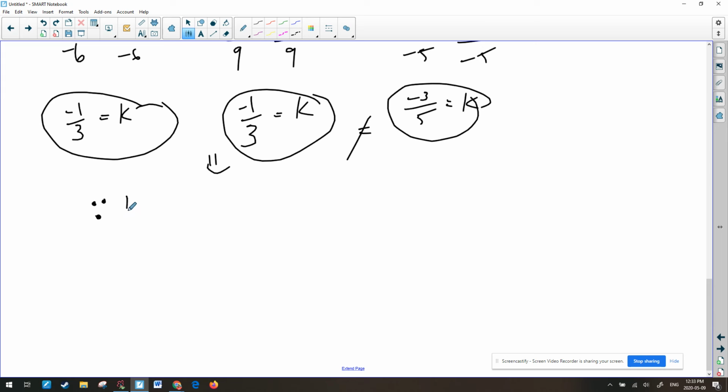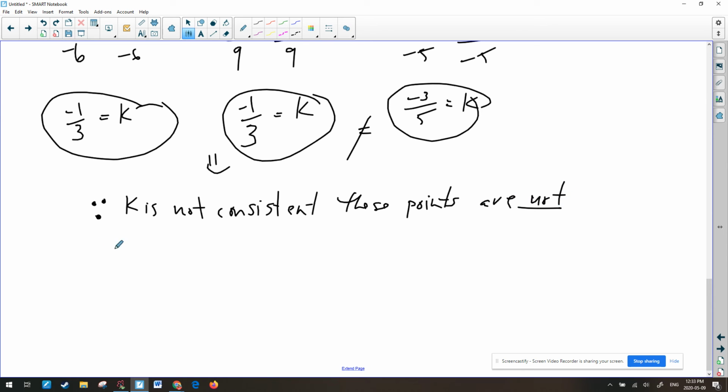Because k is not consistent, these points are not collinear. Pretty cool. We've just demonstrated that those points are not collinear.